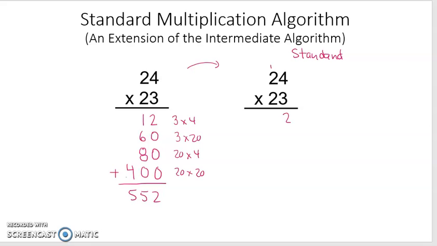And then you say 3 times 2, that is 6. Which actually is 60 because it's 3 times 20, but 3 times 2 is 6. Plus 1 makes 7. So on your standard algorithm, that first line basically collapses these first two lines of the intermediate algorithm. Then you say, okay, 20 times 4.